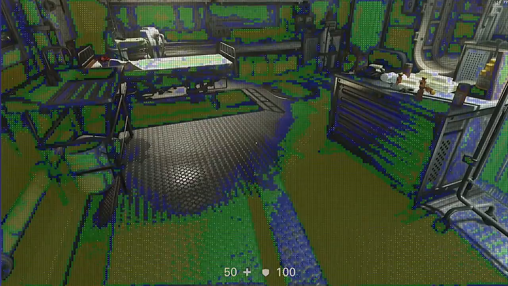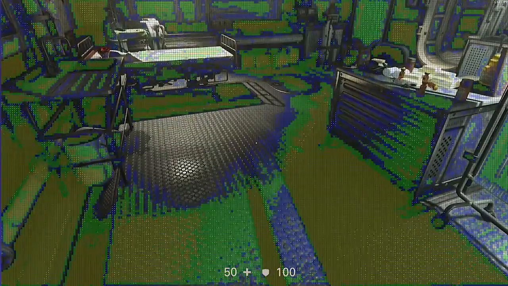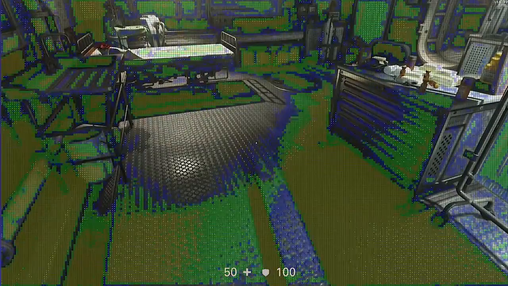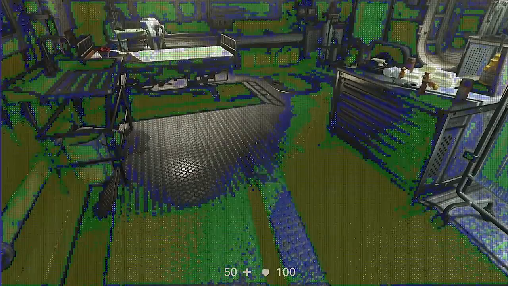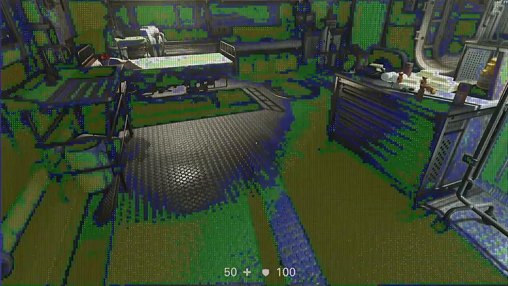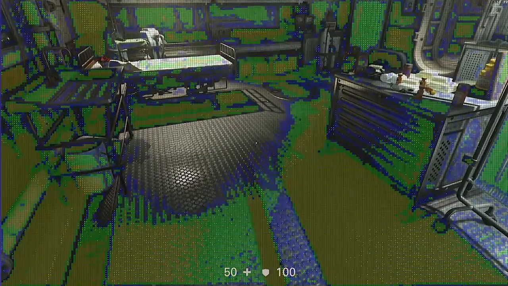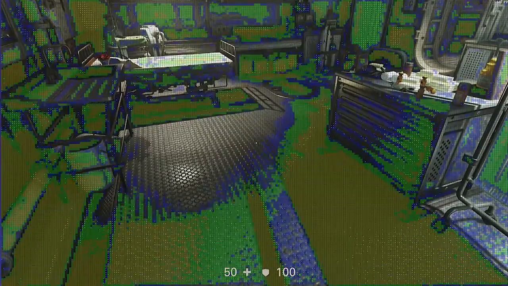Blue tiles have 1 by 2 or 2 by 1, so it's a 2x reduction in actual shaded samples. Green tiles have size 2 by 2, and yellow, the worst, have size 2 by 4 or 4 by 2. I don't know, is it visible? Oh yes, it's barely visible.